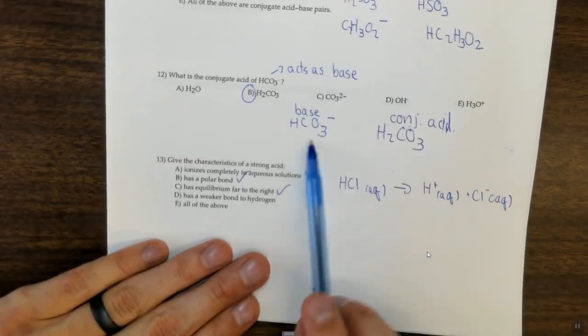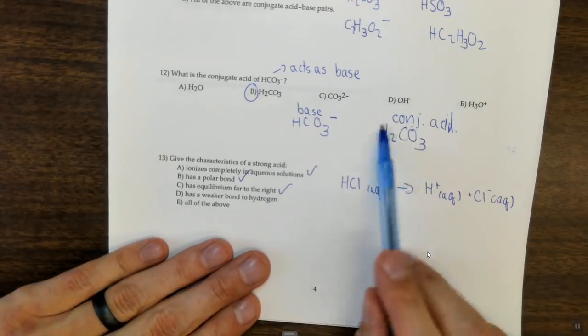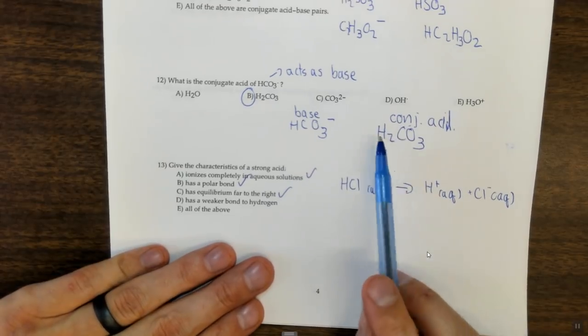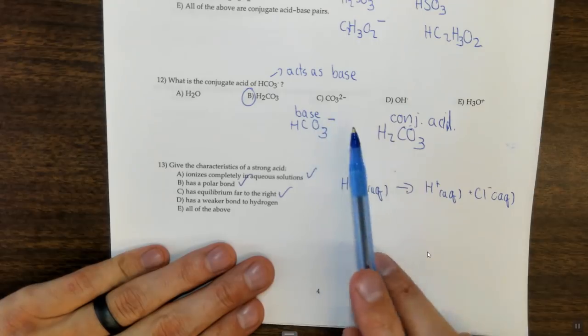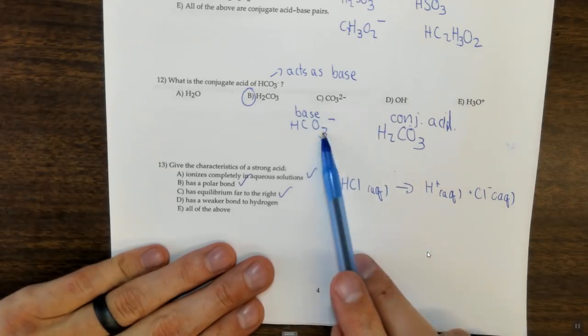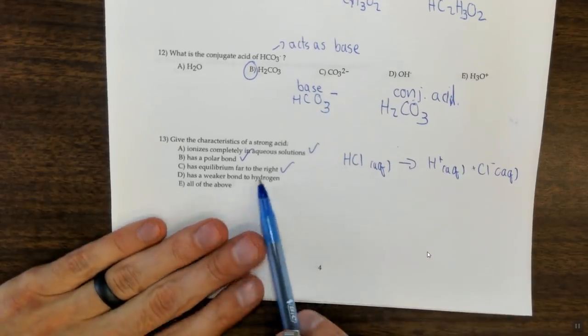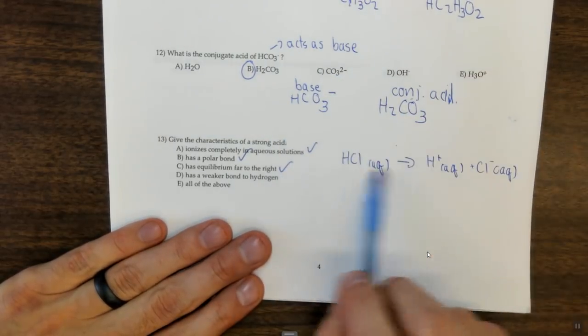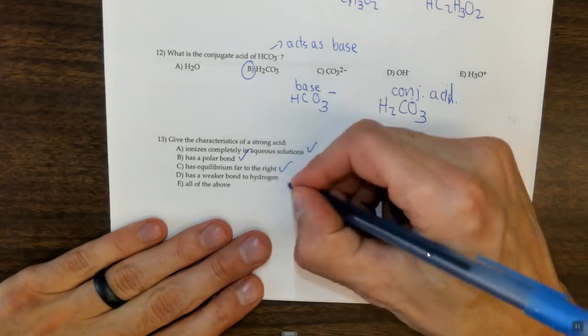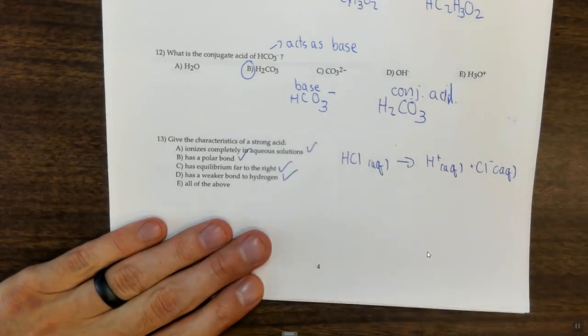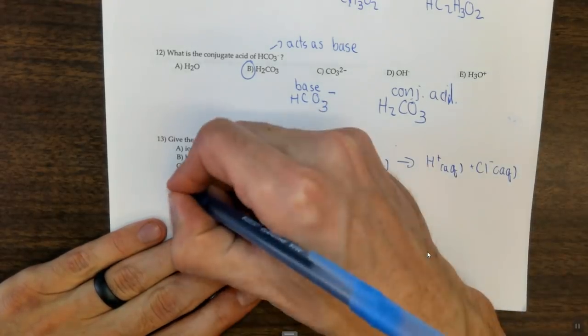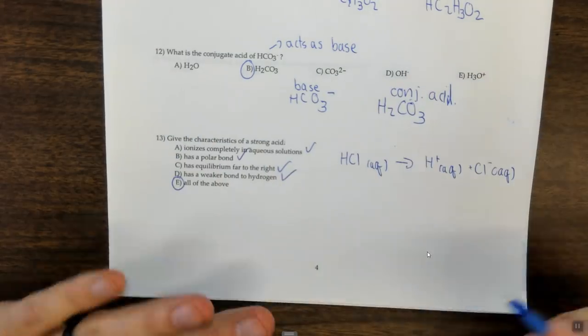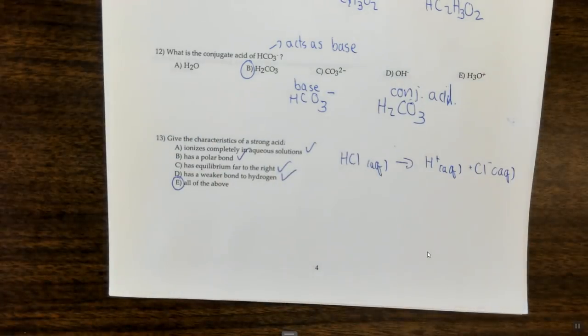If you look at a weaker acid, like for example H2CO3, carbonic acid, this H is more strongly bonded, and that means it doesn't want to leave very much. If the bond to hydrogen is weak, it means it does want to leave readily. Said another way, this pretty much completely ionizes in water. So that is the case. So in this case, the answer is all of the above. These are all true statements about strong acids.